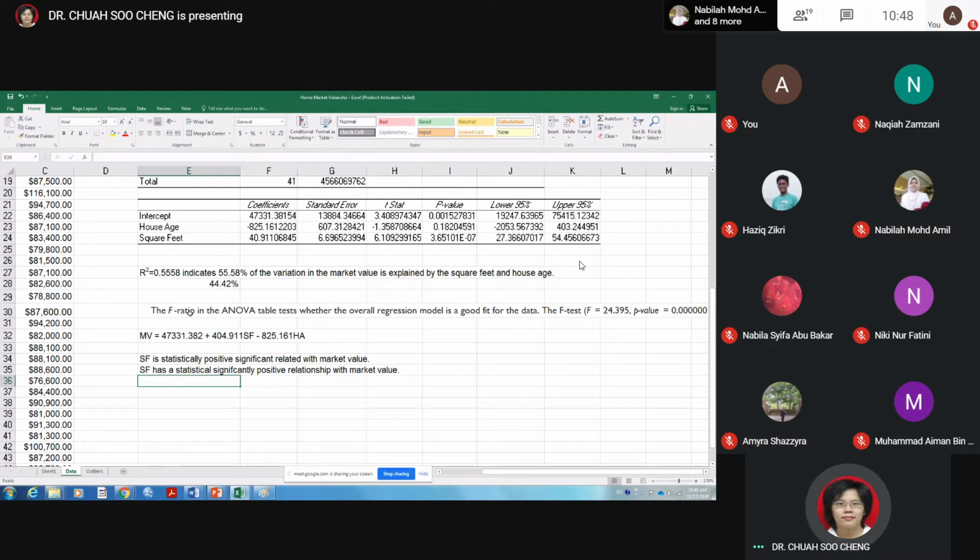While for house age, here I put it in short form, market value. Since house age is statistically insignificant, negative, insignificant.